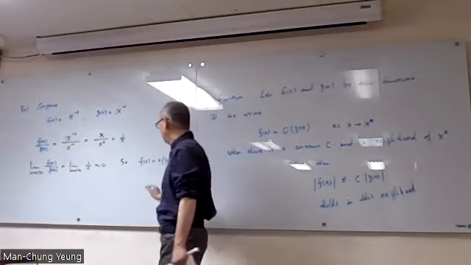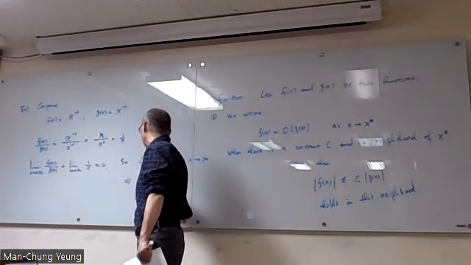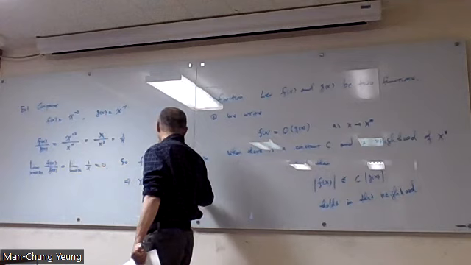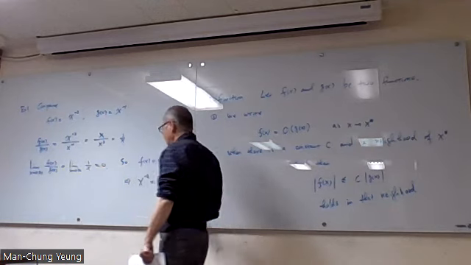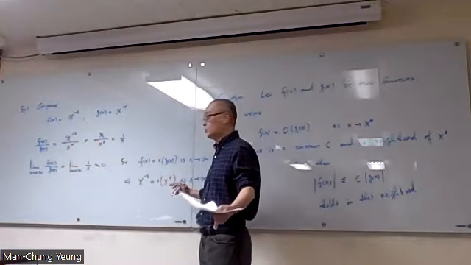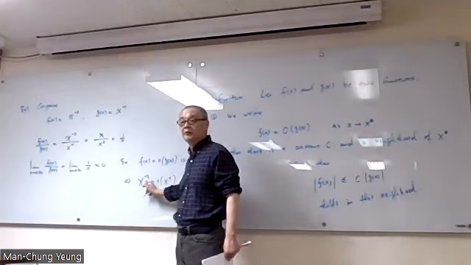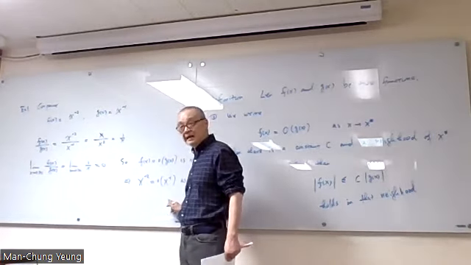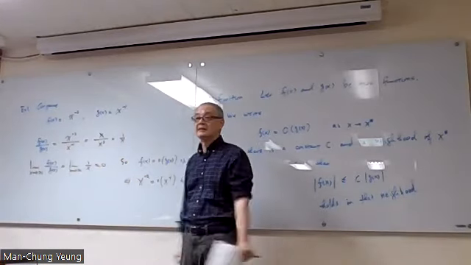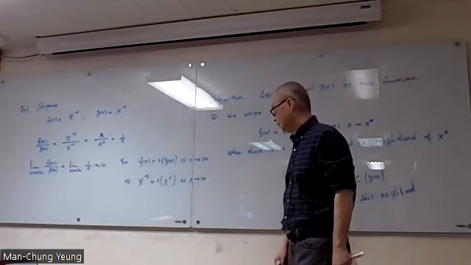What is f? x to the -2. So x to the -2 is little o of x to the -1 as x approaches infinity. That means that when x is very large, x to the -2 is much less than x to the -1.